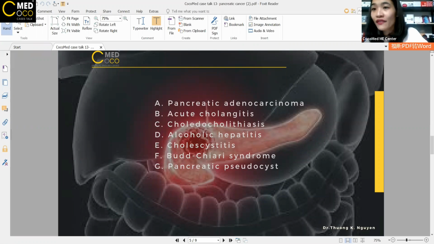But we cannot rule it out, and we have to keep looking for it until we can confirm the primary site of the cancer. So in clinical practice, we usually think about the most common thing first, and then we think about other things step by step, right?